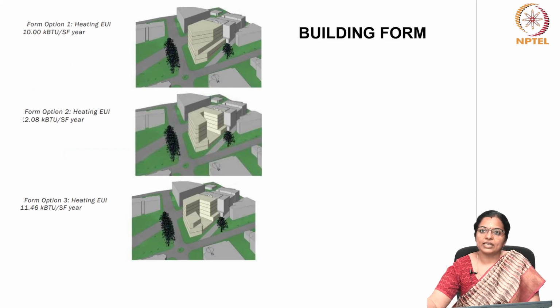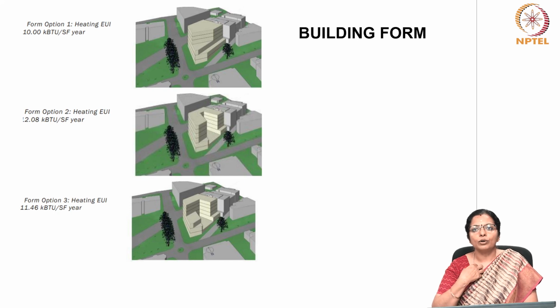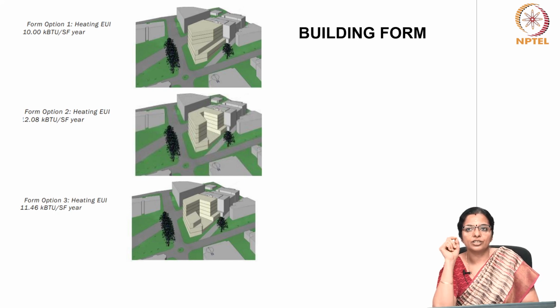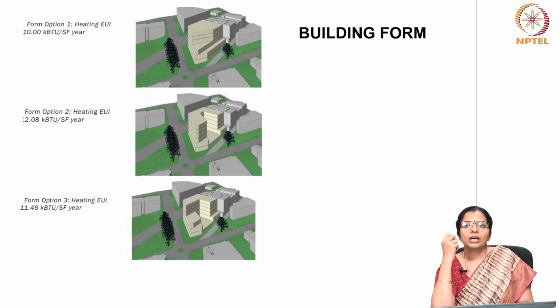The first one is the building form. Now, the building form of Bullitt Center is not driven by aesthetics alone or some narrative or a metaphor, but it is based on the performance metrics.